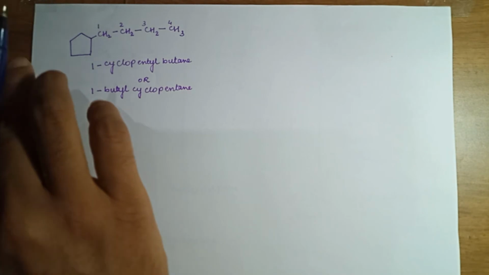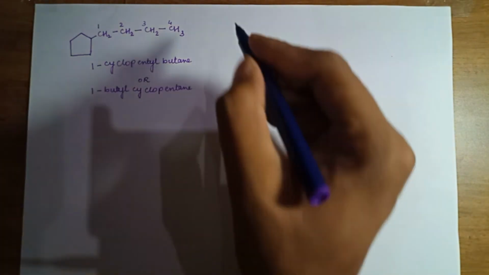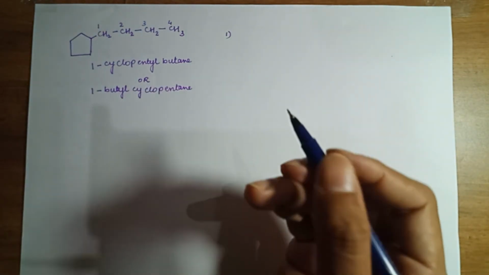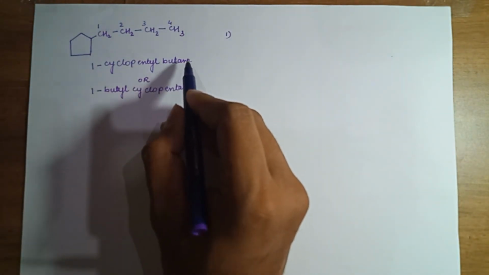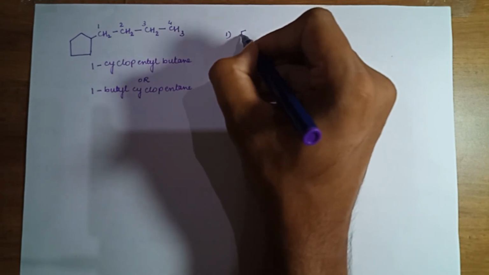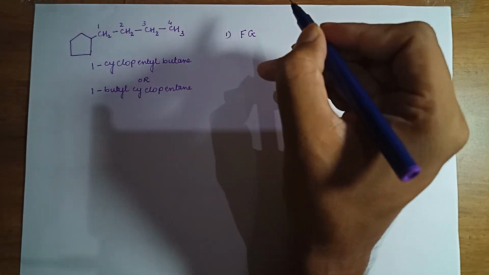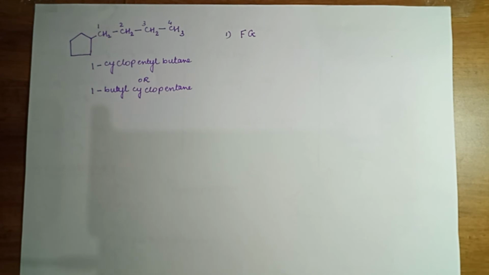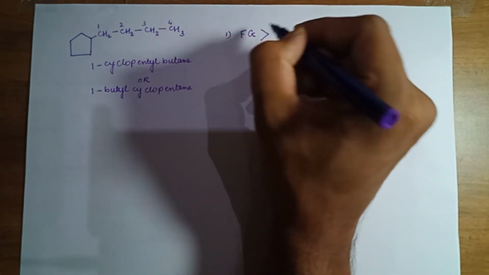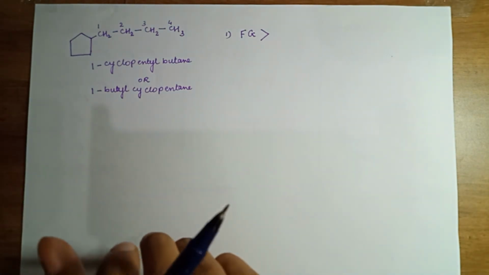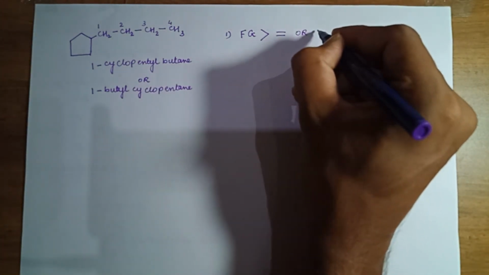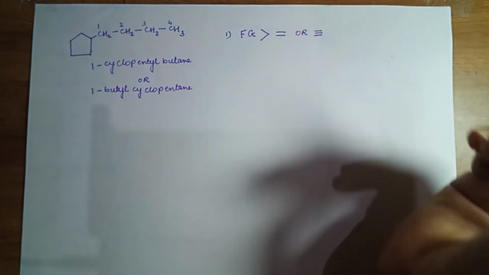When you are having such compounds, you have to see this rule. First, whether the parent chain is containing a functional group. If it is containing a functional group, then you have to give the priority to the chain or to the cyclic compound which is containing the functional group. Second, whether the parent chain is having a double bond or triple bond.